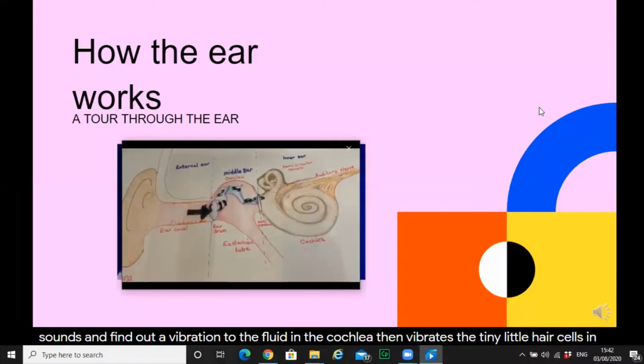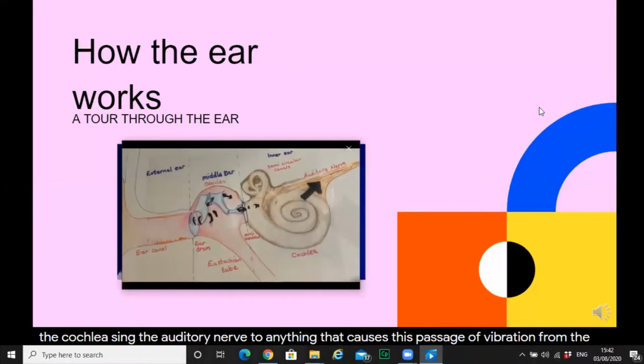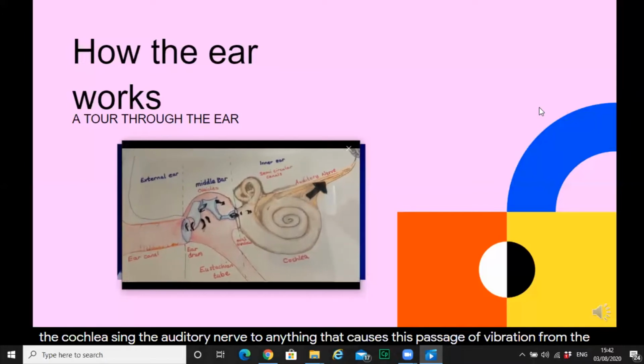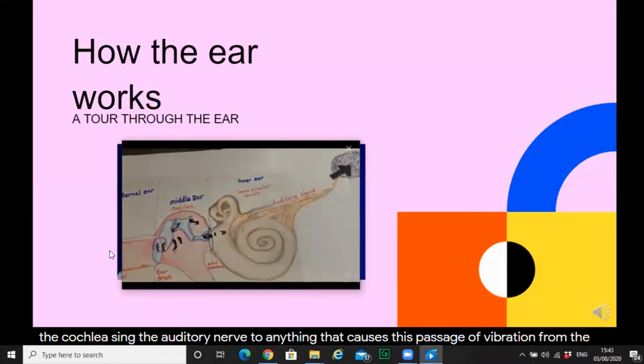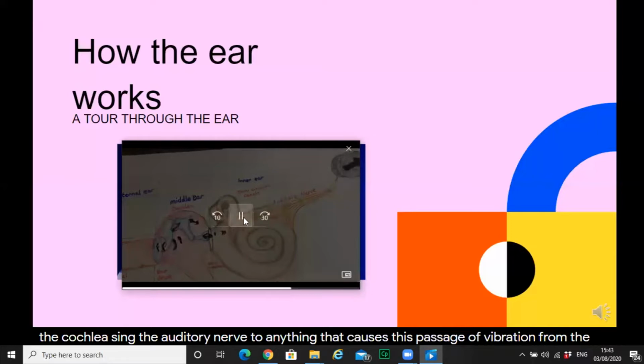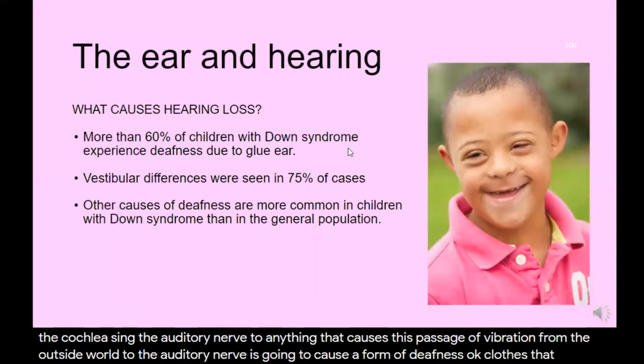So anything that causes this passage of vibration from the outside world to the auditory nerve is going to cause a form of deafness. Okay, I'm just going to close that.